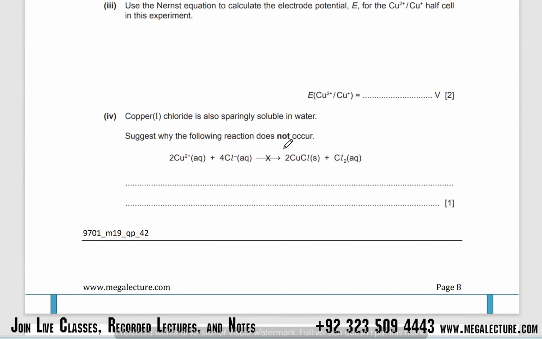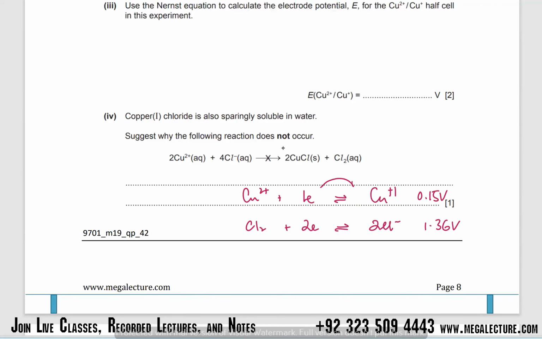So either we explain this, I think it's the same copper 2 plus copper plus 1 equation. This was 0.15 volts. And this Cl2 plus 2 electrons, that's 1.36 volts.